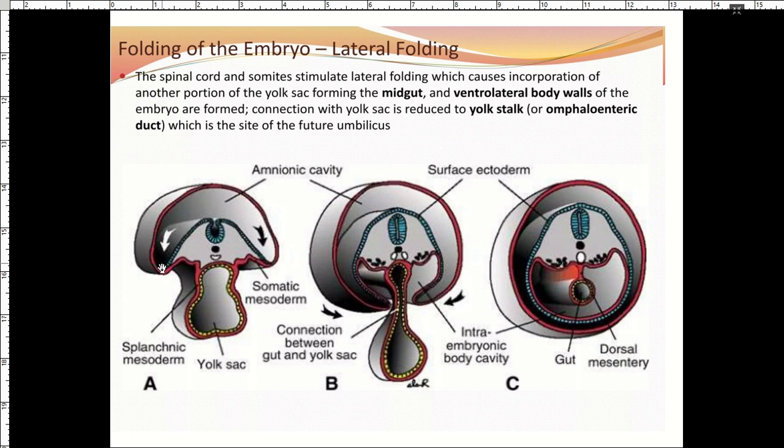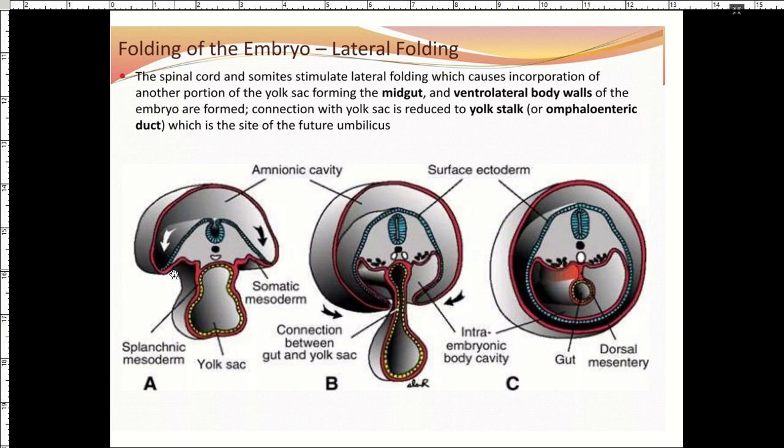So this one we see here is called lateral folding, right? You can see that it is folding laterally and then it's going to join medially. You can now see that this was your lateral plate mesoderm that had been separated by the intra-embryonic coelom.